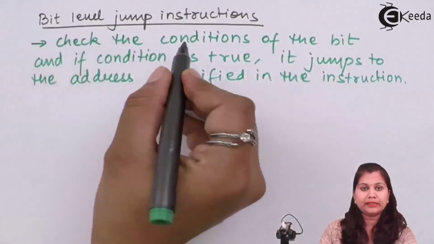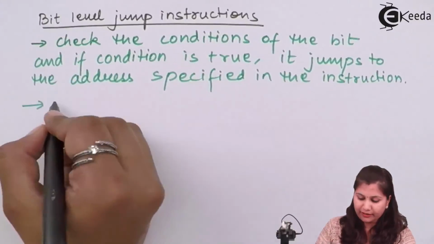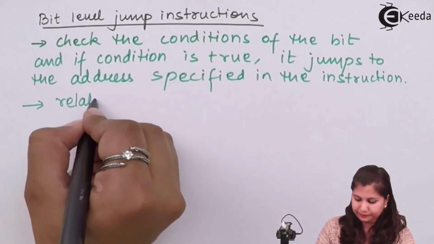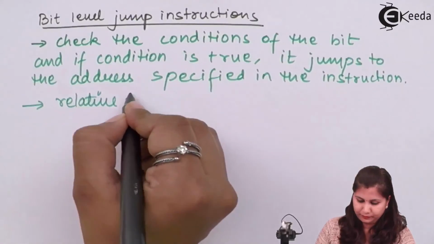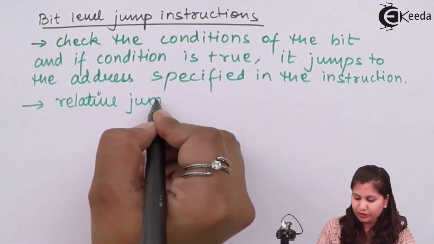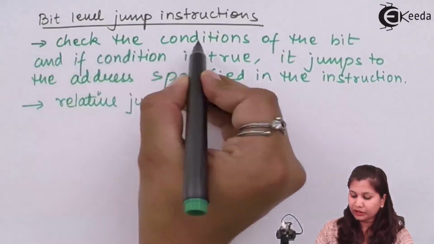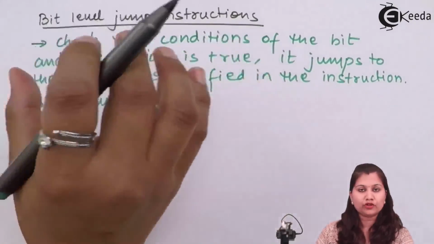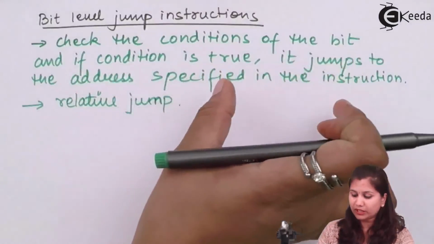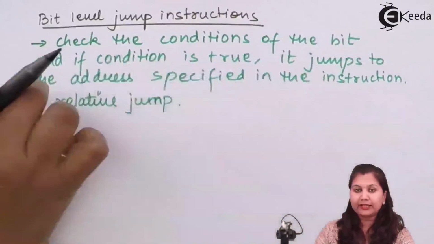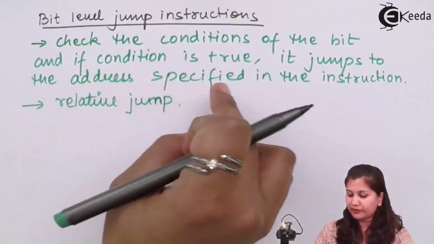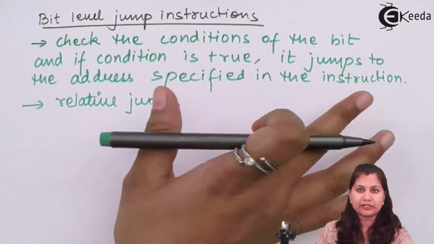Now all these bit level jump instructions are relative jumps. Means the address involved is the relative address. Okay. Now here it is going to check some conditions, and when those conditions are fulfilled, then it is going to jump to the relative address which is specified in the instruction.